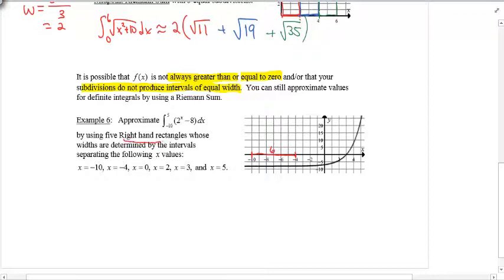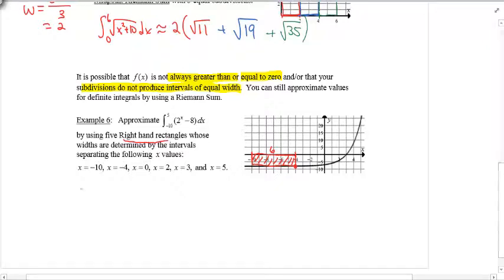Because I'm using a right-handed rectangle, I'm asking you to use the x value of negative 4 to calculate the y value for the rectangle. And notice the y value here is below the x-axis. So this will be signed area, and this signed area will be negative.